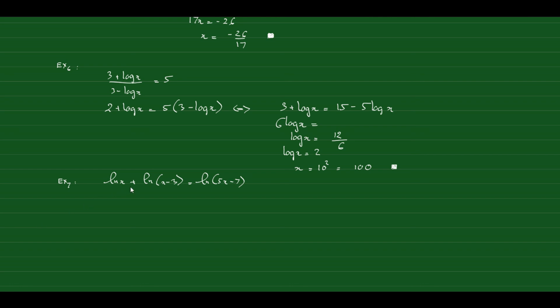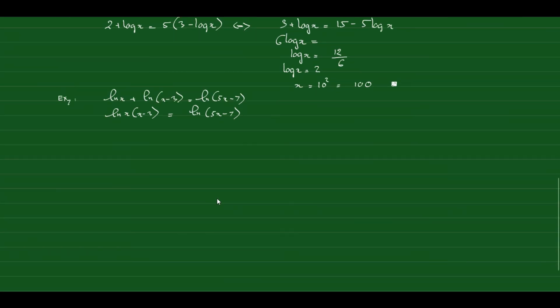So the addition over here becomes multiplication. So I have ln of x times x minus 3 equal to ln of 5x minus 7. Because we are using the second method, actually you can use the equivalence property here and set this equal to that. But because I use the log principle, I'm going to go ahead and subtract both sides by ln of 5x minus 7. So I have this minus this, then I set it equal to 0.